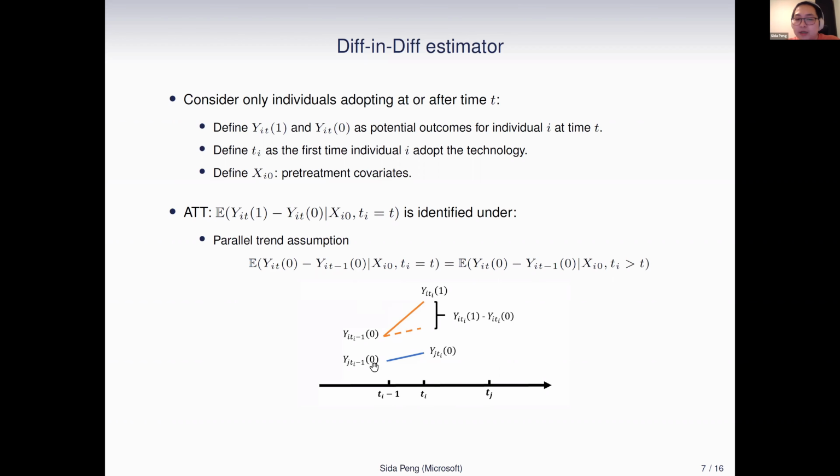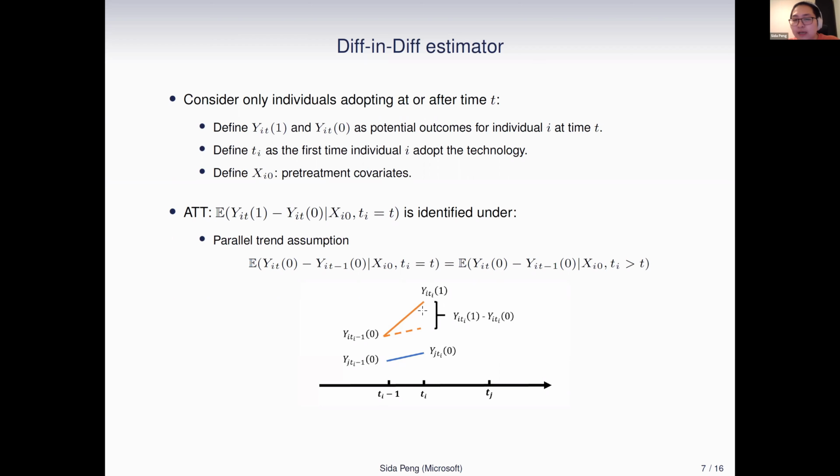In this case, because j hasn't adopted, Y_j at T_i minus 1 is not adopted at this point, and we move along this trend until time T_i. On the other hand, i adopted at time T_i, so what we observe is this solid line.